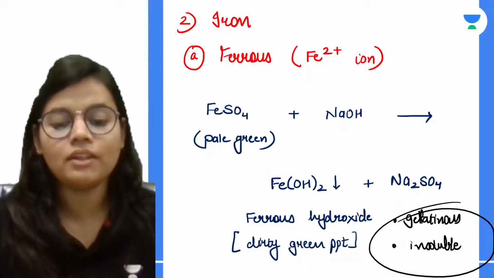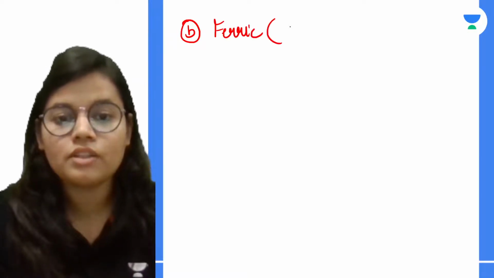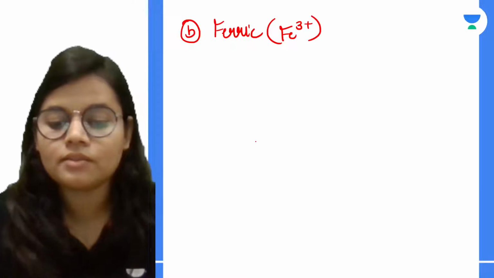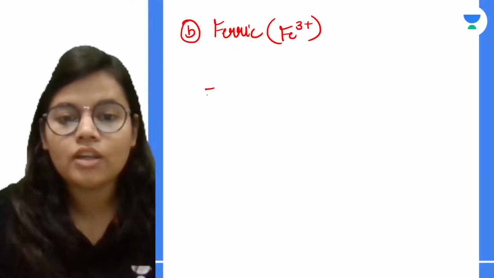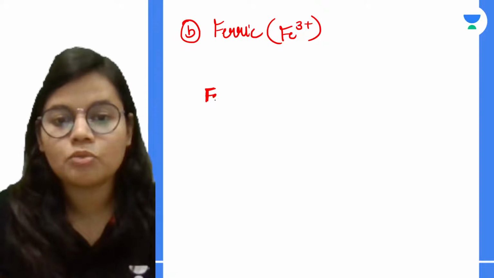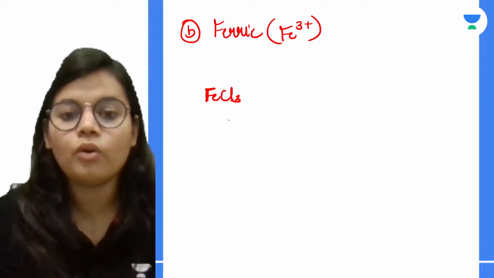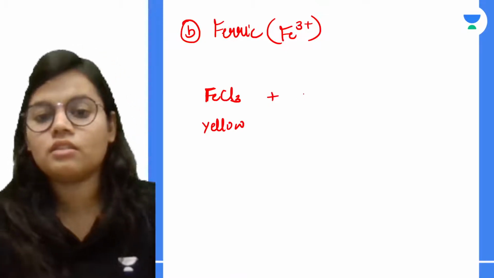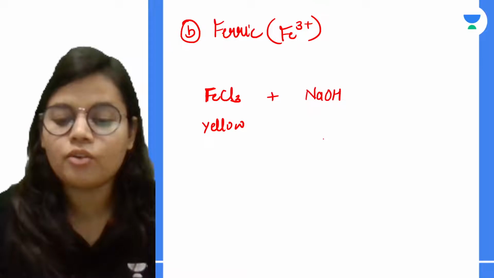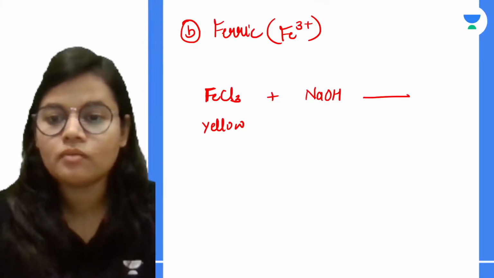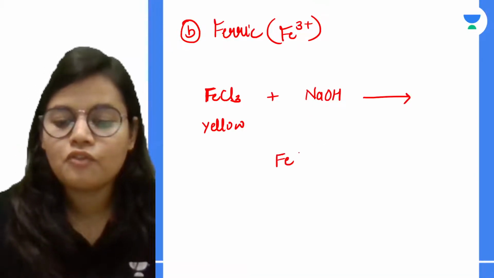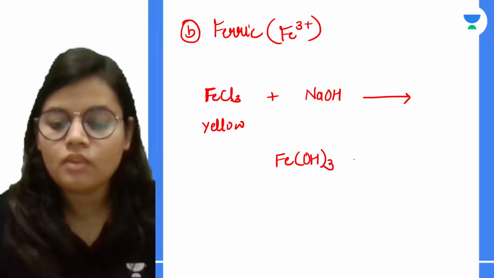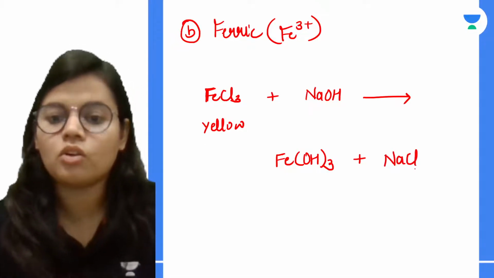What if we have the ferric salt? Let us see if the color changes or remains the same. So now we have been given ferric, which is Fe3+. If we have a compound containing the ferric ion, let's suppose FeCl3, that is ferric chloride, which is yellow in color, and we make this compound react with sodium hydroxide, again what do we get? We get ferric hydroxide plus sodium chloride.